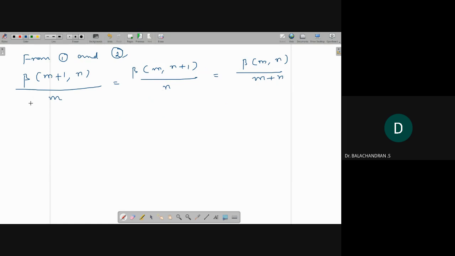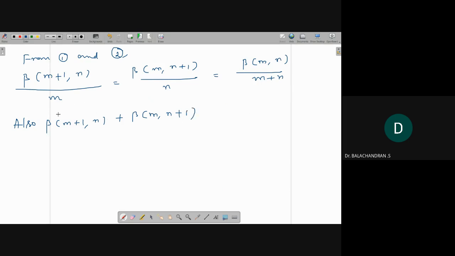Proof is over. Sometimes they will ask in the question also: beta of m plus 1 comma n plus beta of m comma n plus 1. So what is this one?